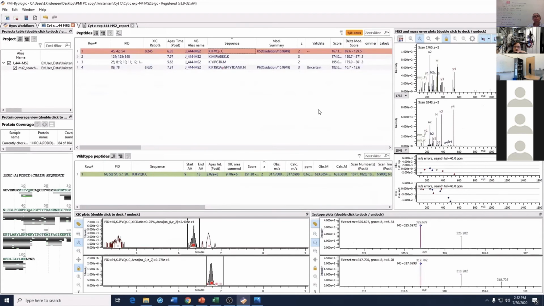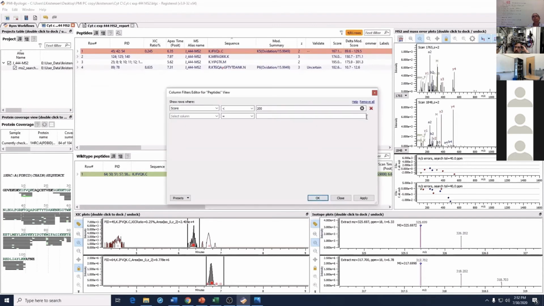So we have a few peptides here that are scoring on the lower end. And it's really nice just to have the ability to focus on, for example, low-scoring peptides that might require a bit more attention in terms of validation. And once you've used that filter, you can go ahead and remove it or apply other filters.